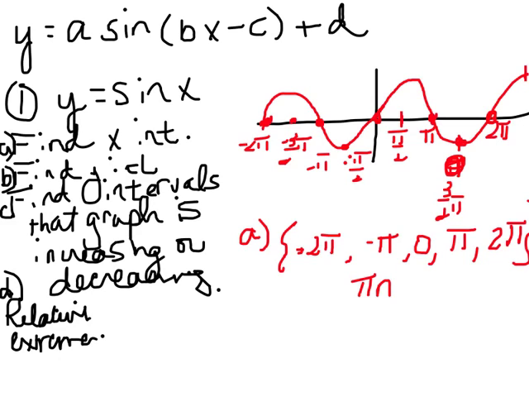So I could get all my answers if I list it this way. This is what we want to do unless they tell us that they just want the answers within a certain set of values. So if it was pi n, would we just keep writing pi n, or would we multiply? You would say pi times n, where n is an element of the integers, which is Z. That would mean pi times any integer you could think of would be an x-intercept that you could plug in there.